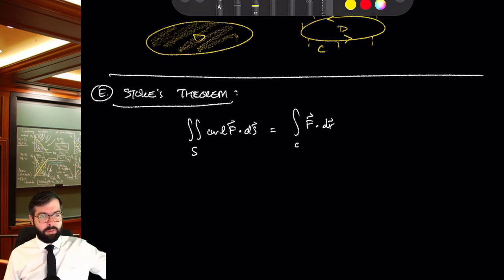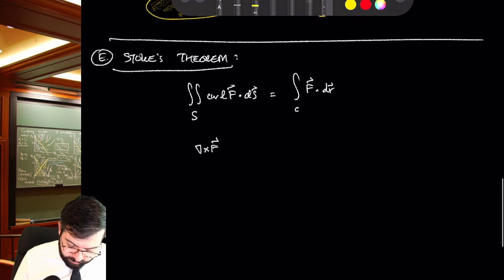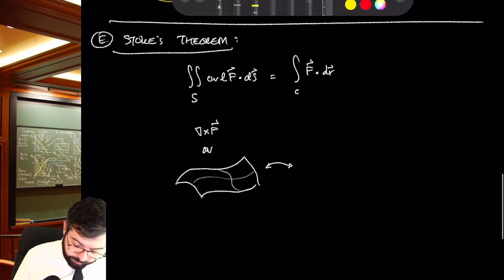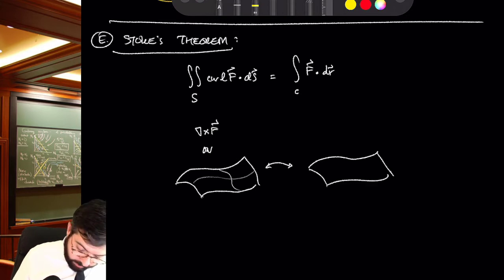Its space curve that maps out its boundary. So it took curl F, which we know is the gradient cross F, on now a three-dimensional surface. And this equation relates it to what's happening on the boundary C. Values of the vector field.